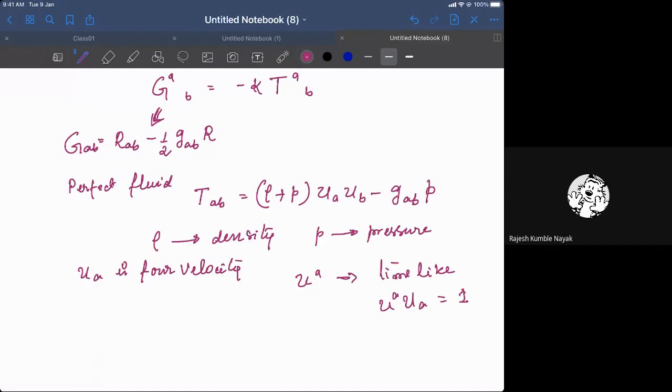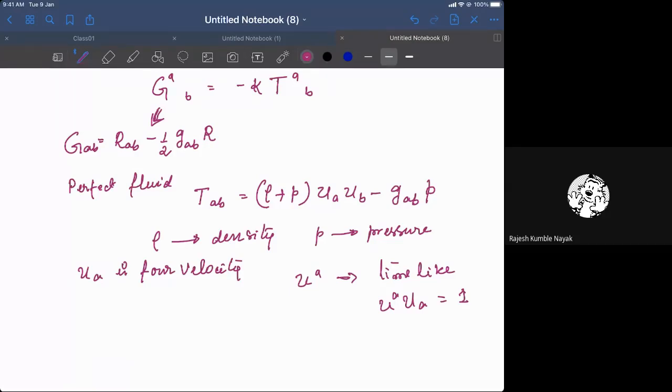So this solution was also possible for radiation or a null fluid, but we are not looking at the null fluid. We are looking only at matter that is a time-like fluid.